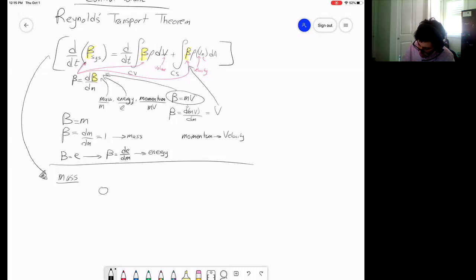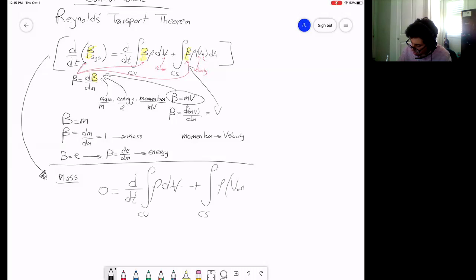So 0 is equal to d over dt of the integral over the control volume, where beta is 1 for mass, so density times dV, the volume, plus the integral over the control surface of density times velocity times n, the direction vector, dA. And that's your law of conservation of mass, basically.